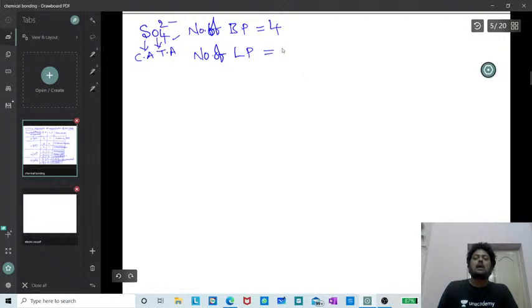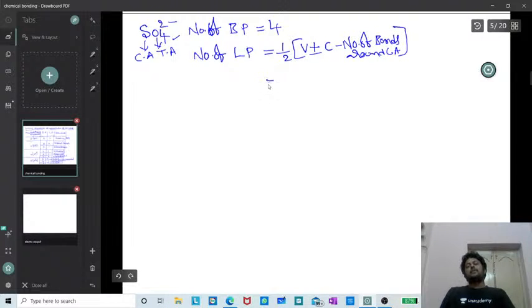How will we calculate it? In case of ions, half into V plus or minus C minus the number of bonds around the central atom.